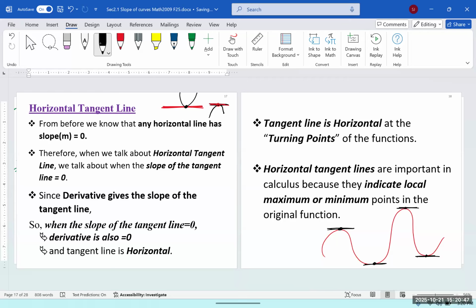So if you don't know the shape of your curve, you can already guess how many turning points your graph has, or how many local maximum or local minimum your graph has. For example, these are local minimum, and those are local maximum. We have two local minimum, two local maximum. We can find these without using the graph, just by using the horizontal tangent line concept.